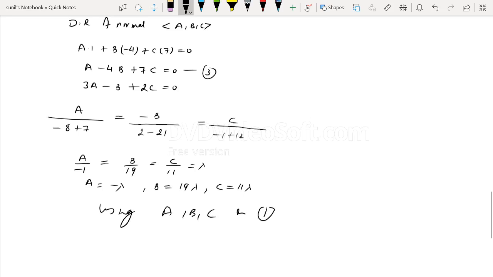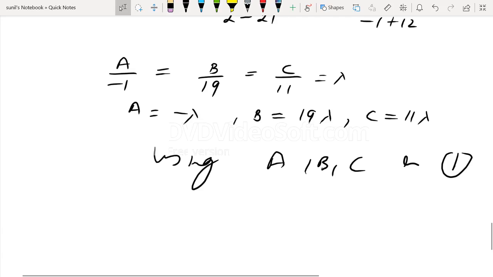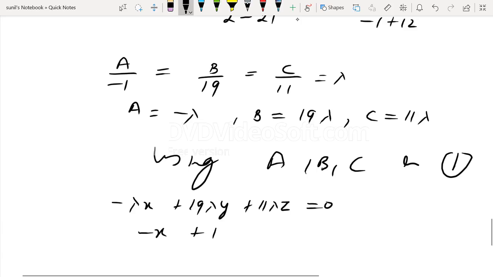So what we are going to obtain is minus lambda x plus 19 lambda y plus 11 lambda z is equal to 0. That is simply minus x plus 19y plus 11z is equal to 0. That is the required plane.